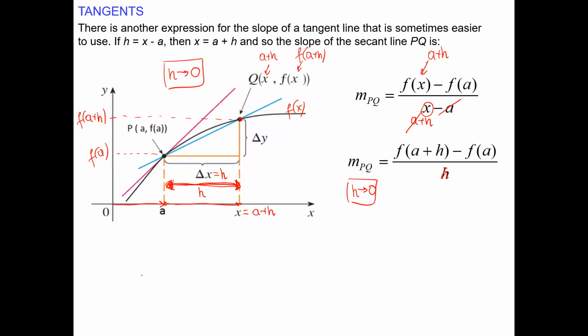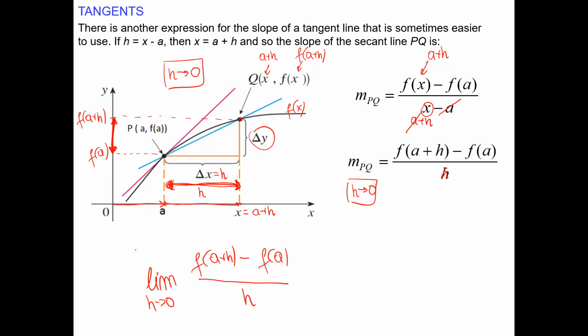I can even write the limit as h goes to 0 of f of a plus h minus f of a, which is that distance. It's still the rise, delta y, and then over h is delta x.